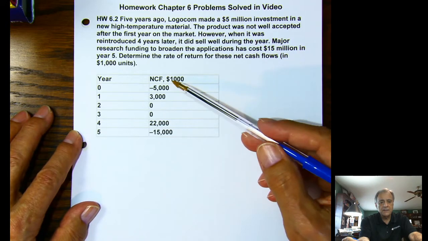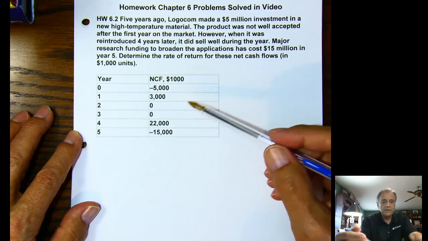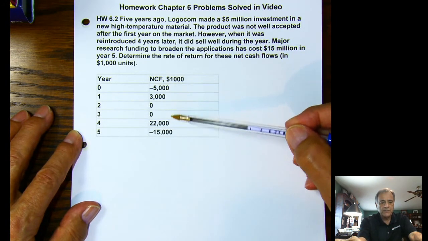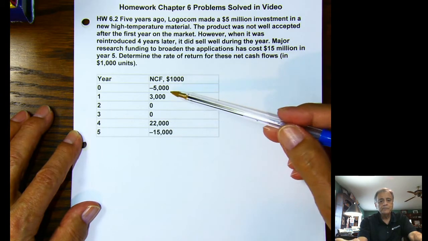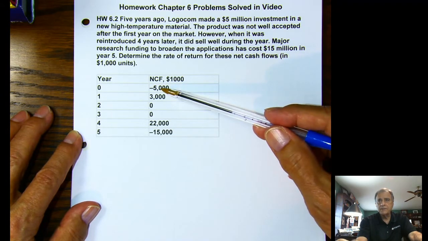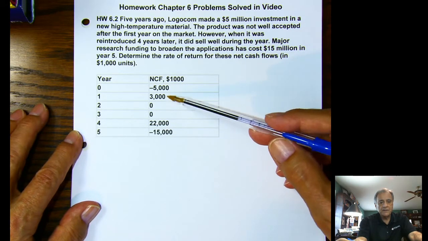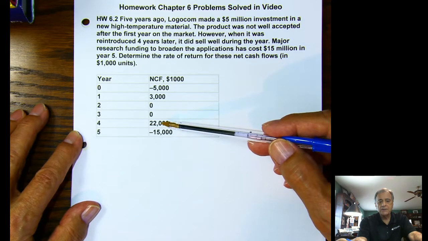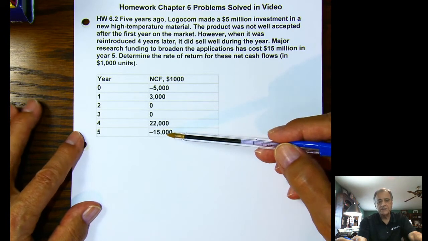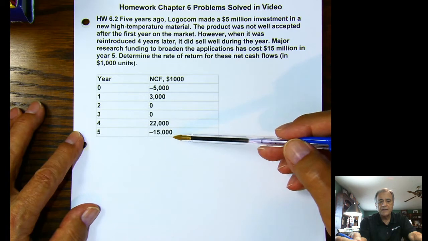So you can see, if we look at years 0 through 5, there's a negative cash flow at time 0, which is common for us. And then there's some positive cash flows, and then there's another negative, which is kind of unusual, but it could happen.